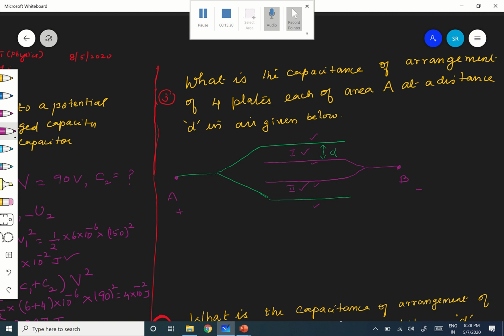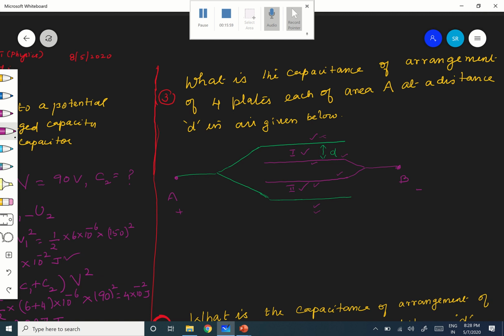The lower plate of the first capacitor and the upper plate of the second capacitor are connected, and the upper plate of the first capacitor and the lower plate of the second capacitor are connected, which means both pairs of plates are connected in parallel.